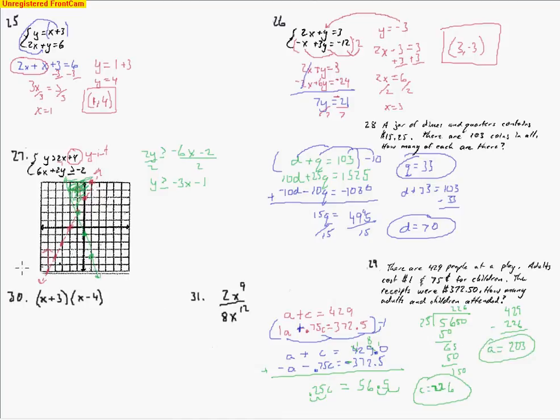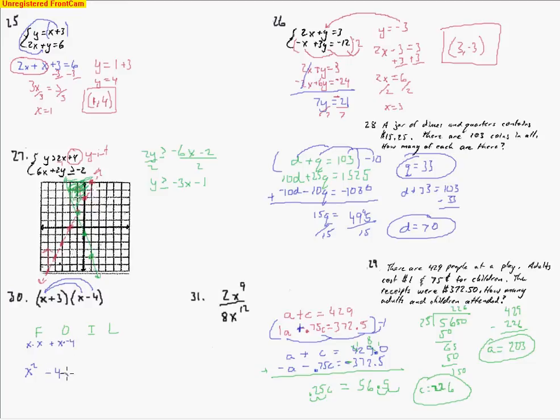So let's take a look at question 30, which is multiplying 2 binomials. Use that FOIL method: first, outer, inner, and last terms when we do this. So my first terms are this. X times x makes x squared. And then the outside terms, x times -4. So plus x times -4 makes a -4x.